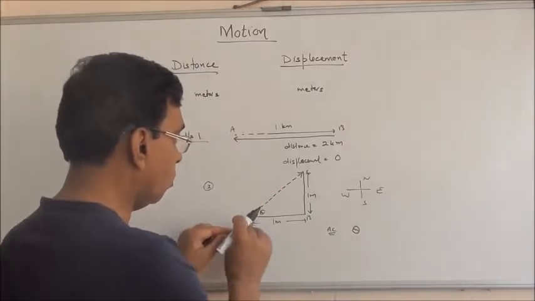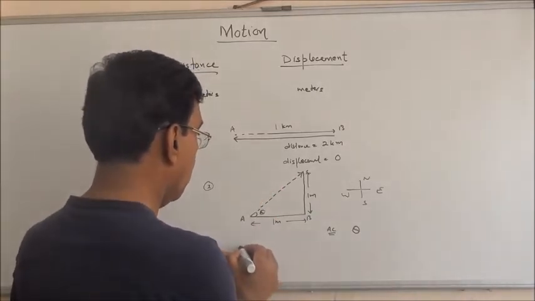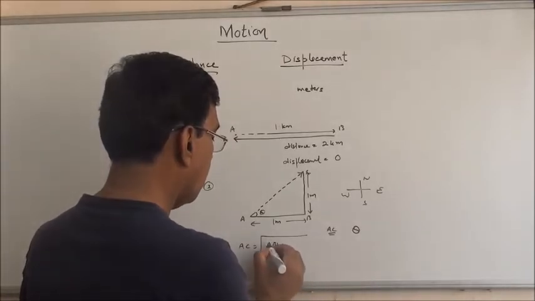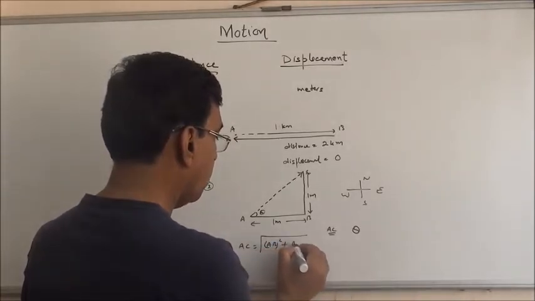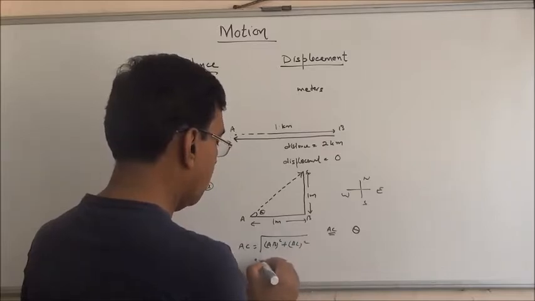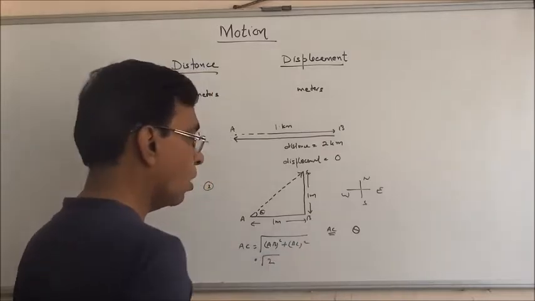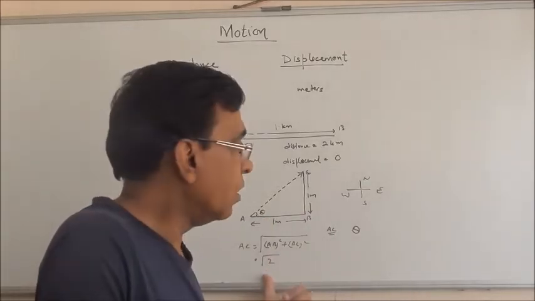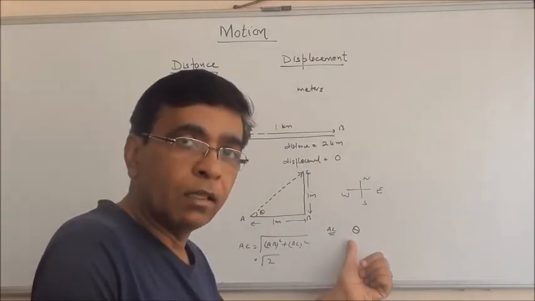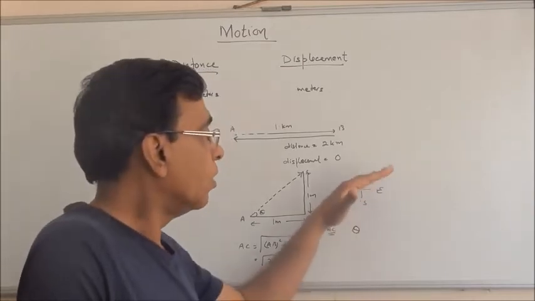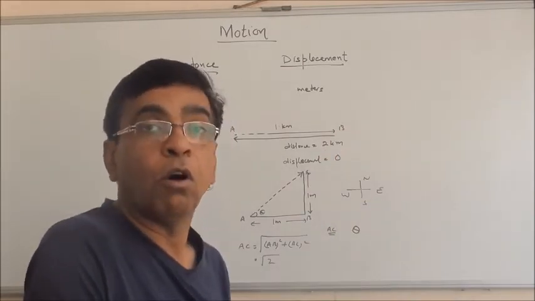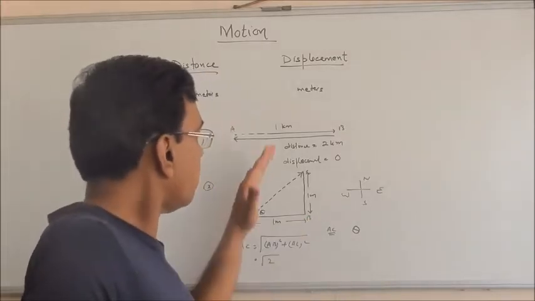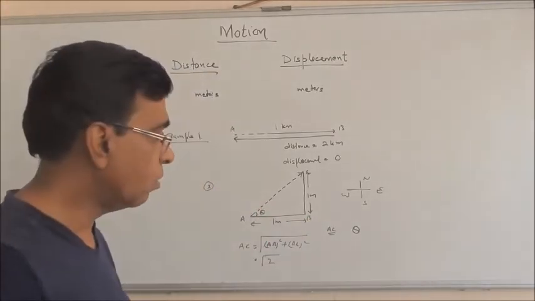If you know Pythagoras, AC will be under root AB square plus BC square. So it becomes under root 2. So I should say the displacement is root 2 at an angle theta from east towards north, or at an angle theta north of east. We can find out even this angle.